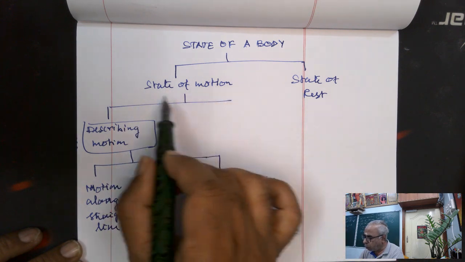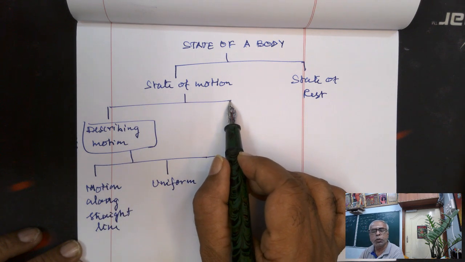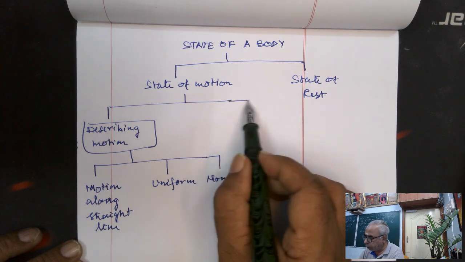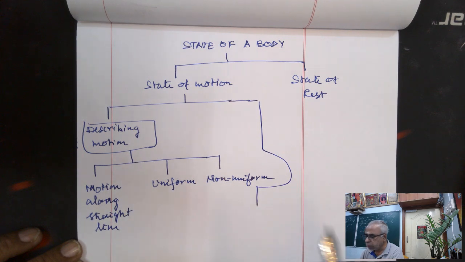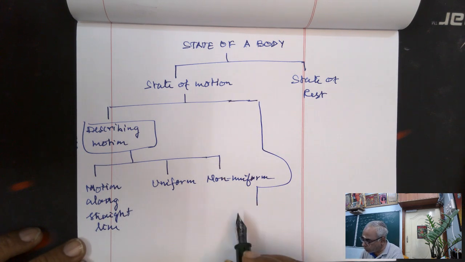See, when we talk about the state of motion, we should also explain the measuring of motion, how the motion is measured. So this is called measuring of motion.